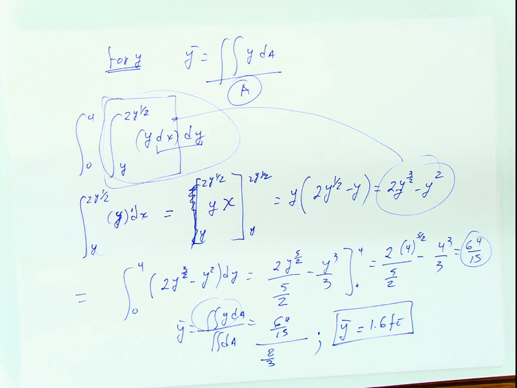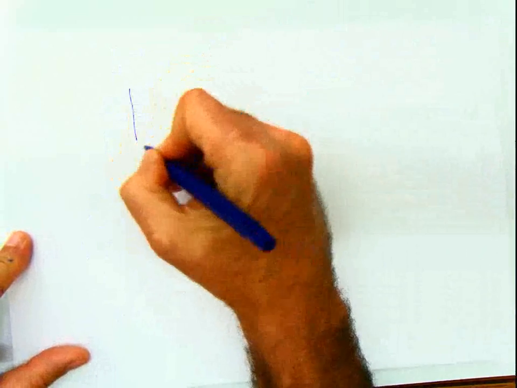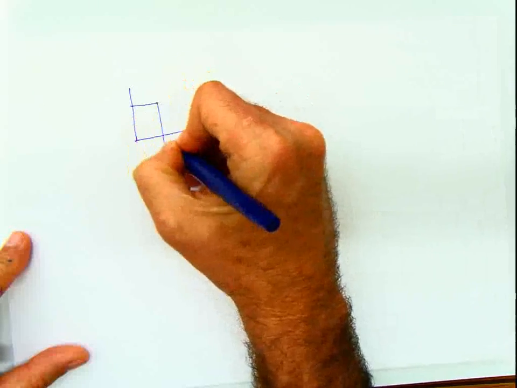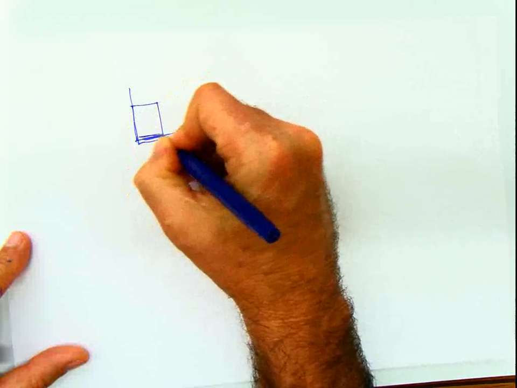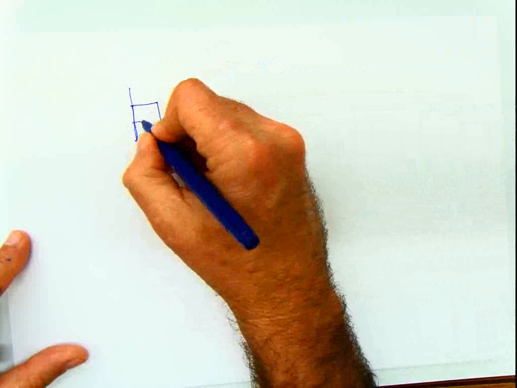I showed you before. So you can also remember, let's say that you want to calculate the centroid of a square like we did before, or a rectangle. This is b and this is h. Well, if I'm measuring x, I can do two things.